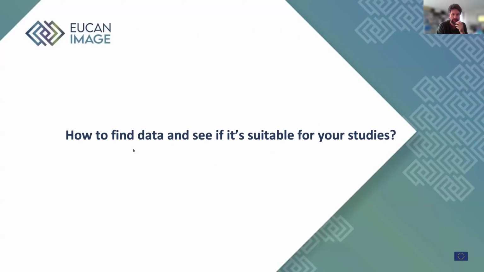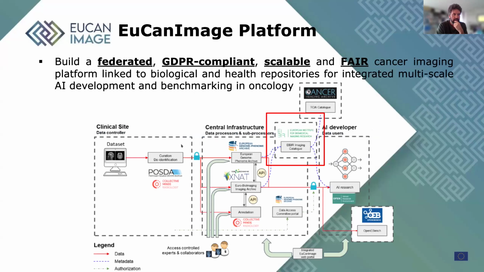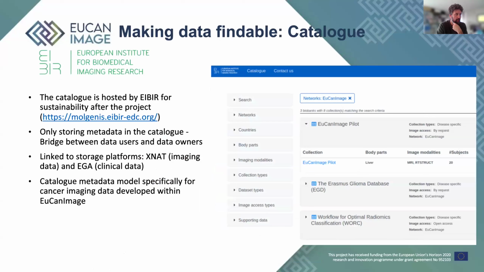How to actually find all this data? That's another part which is important for how we approach the linkage of all the data, and that's done through a catalog. This catalog we do in collaboration with IBER, and is based on Molgenis software.